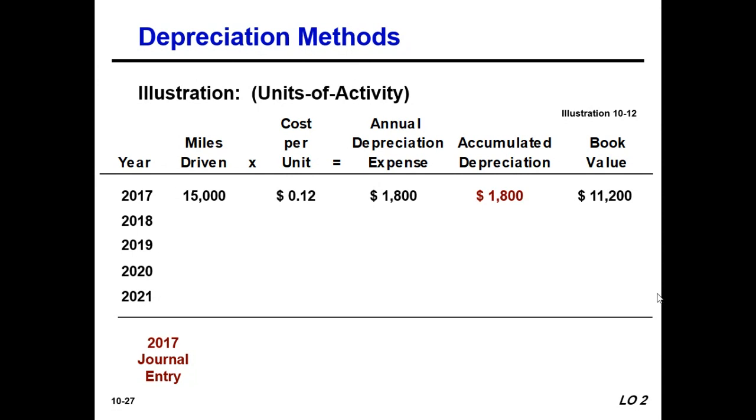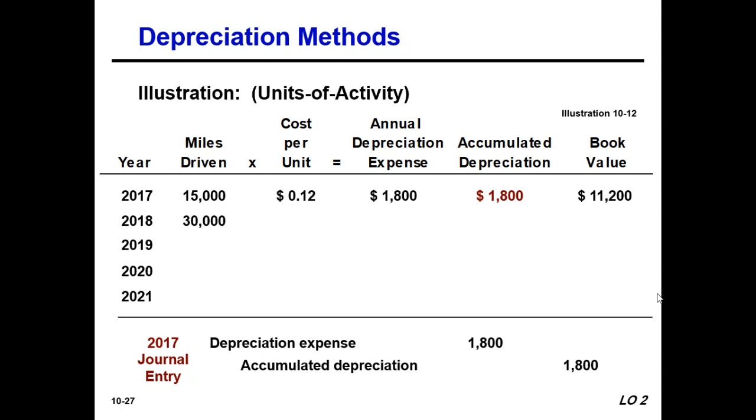Now 2018 in unit of activity method. This is the entry you see here in the bottom. Same. 2018 is 30,000 miles driven. This is given in the question. Cost per unit we already calculated. So annual depreciation is 3,600. So accumulated depreciation becomes 3,600 plus 1,800, which is 5,400.